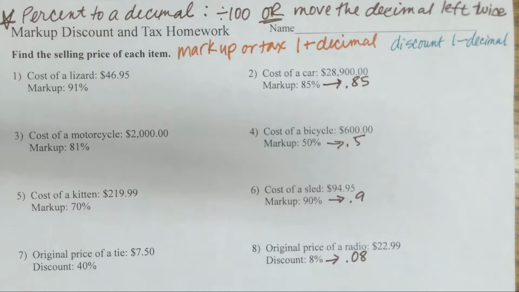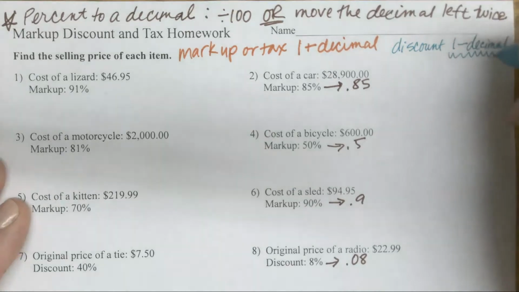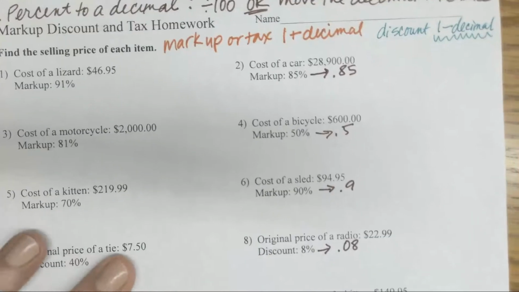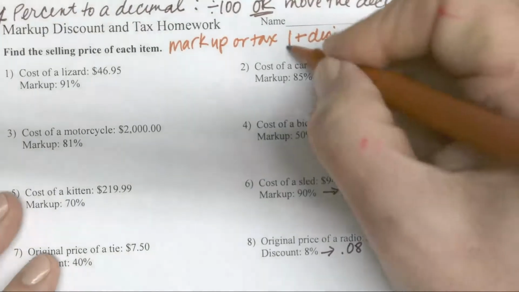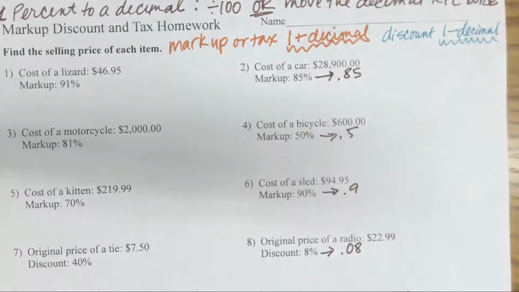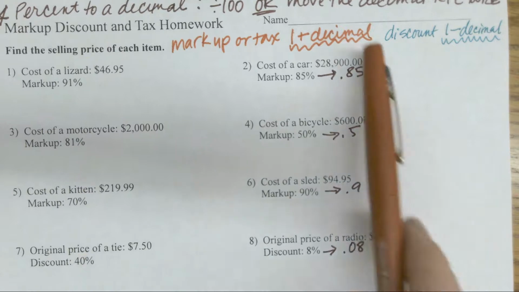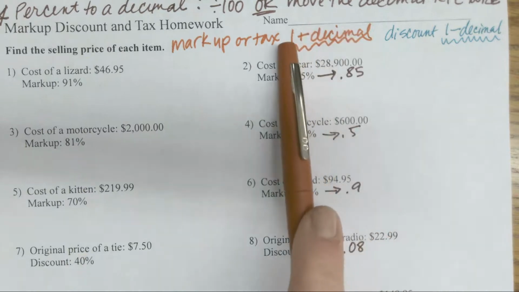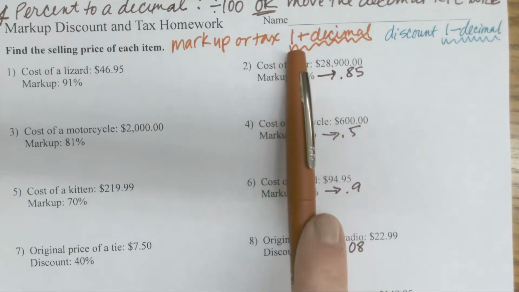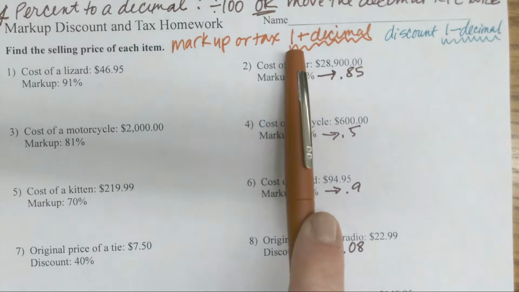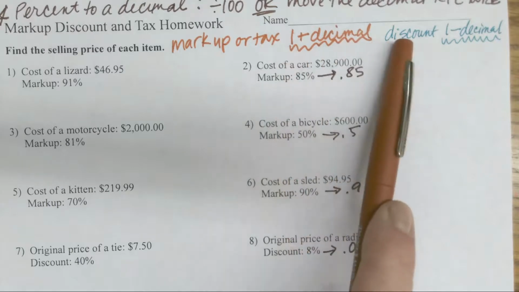So these are the things that I'm going to have to do as well as convert. I've got to do this little prep work too. The 1 stands for the decimal equivalent of 100%. So what this is saying is you're paying more than the 100% original cost by this decimal percent more.